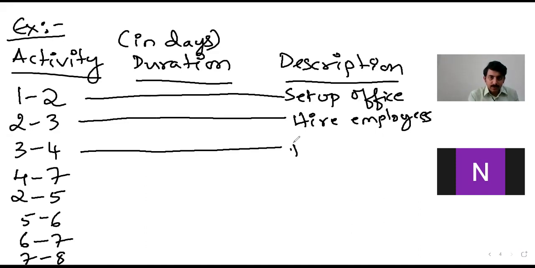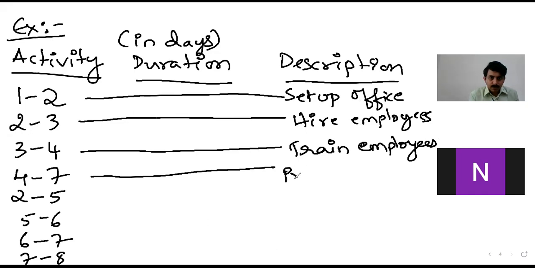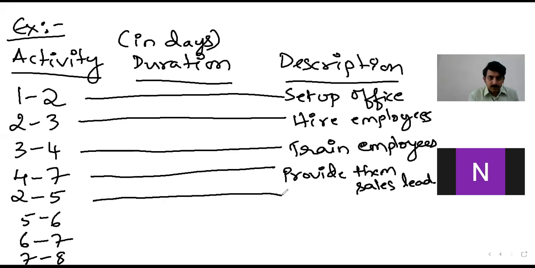Train the employees. Next is provide them sales lead. Okay, 2-5.